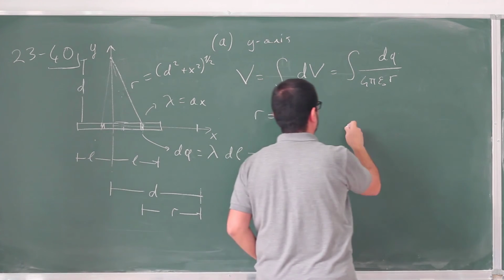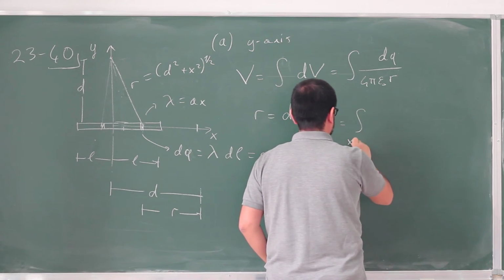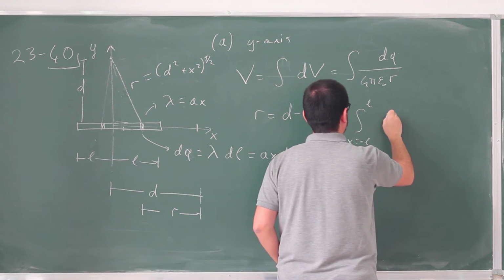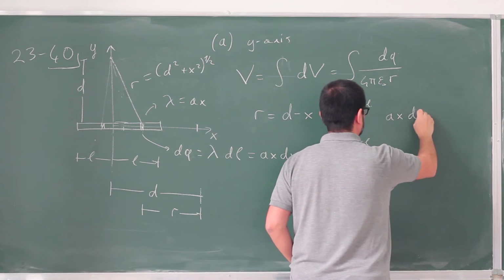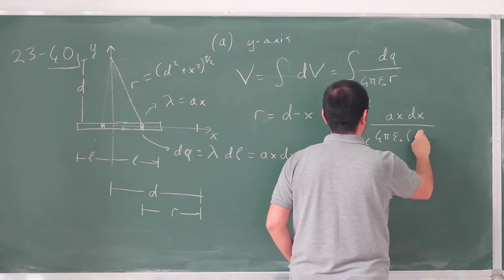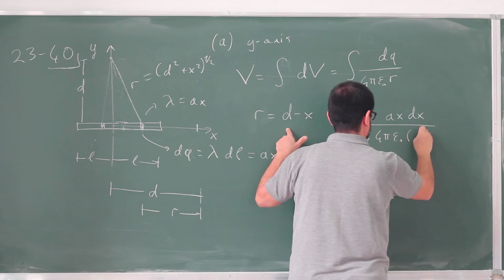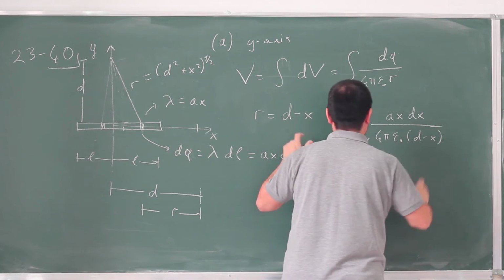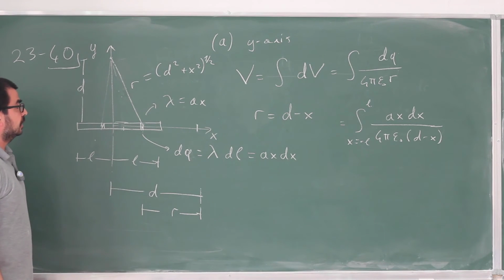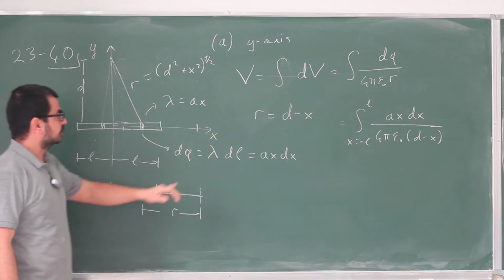So this becomes x equals minus L to plus L. dq is still a times x times dx divided by 4 pi epsilon naught times d minus x. Okay? Excuse me.